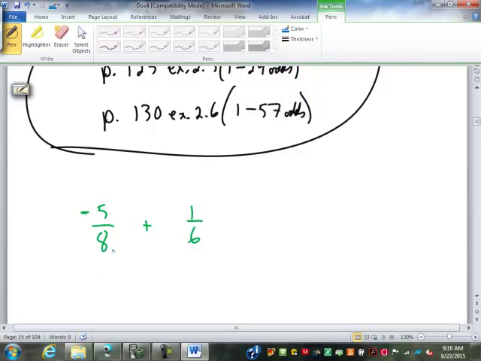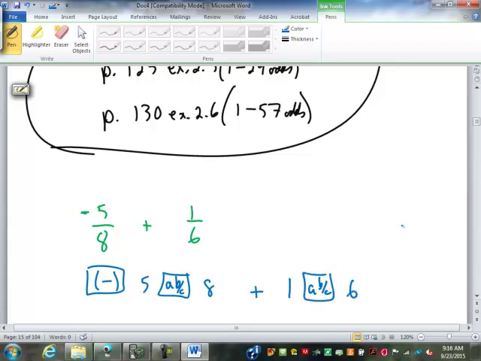It's down by your equal sign. There's a key that looks like this, negative. So you'd press that key, then do 5, ABC 8, that's negative 5/8, plus 1, ABC 6, that puts in the positive 1/6. That should then spit out for you, what, negative 15, positive 4, and negative 11 24ths.